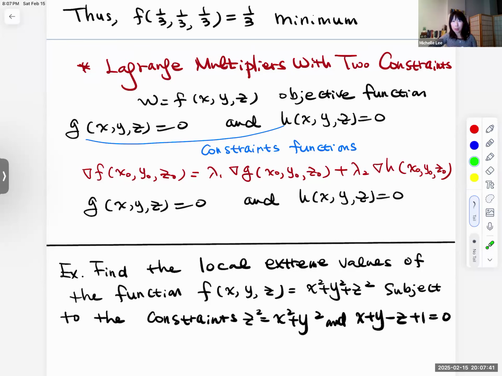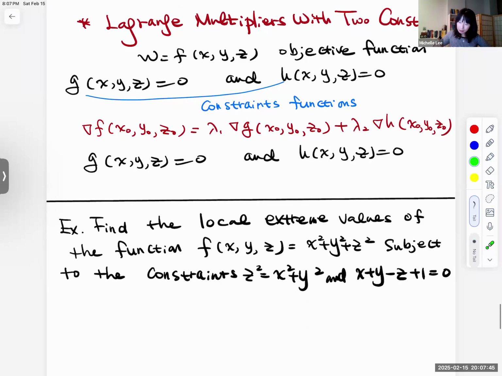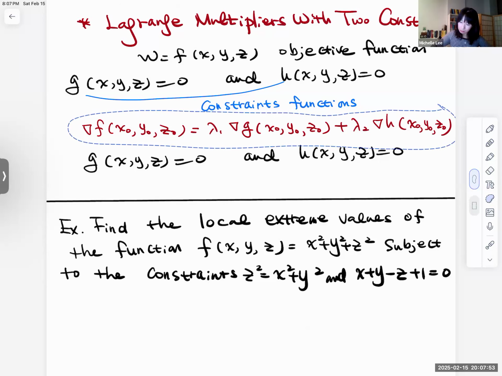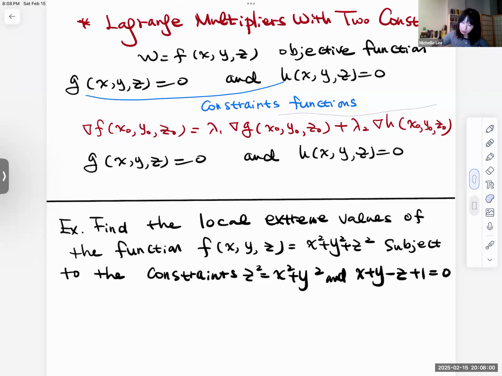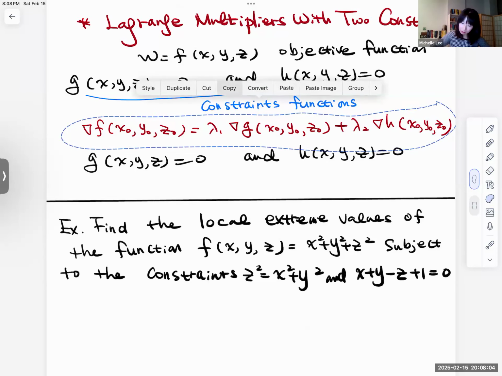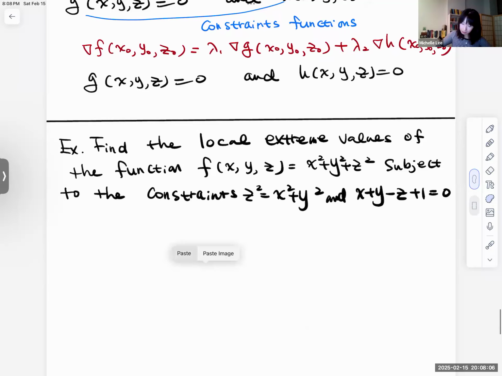First of all, we have to find the gradient. Okay, let's follow that. Copy, paste.